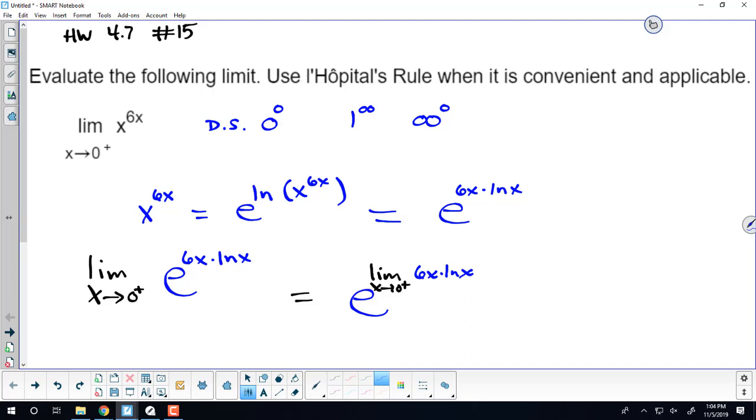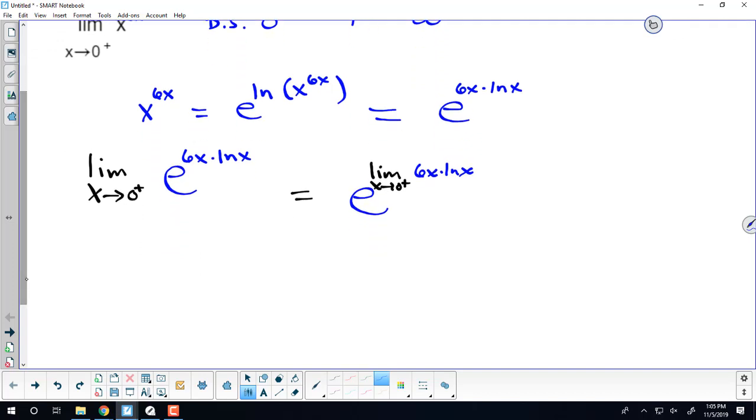So that's really what we're computing. I would write it out like that, because usually people will compute the limit itself and then just say, whatever, 2 is the answer. But in these situations, it's really e to the 2 as the final answer. So I would write it out like that in full until you're comfortable with these.